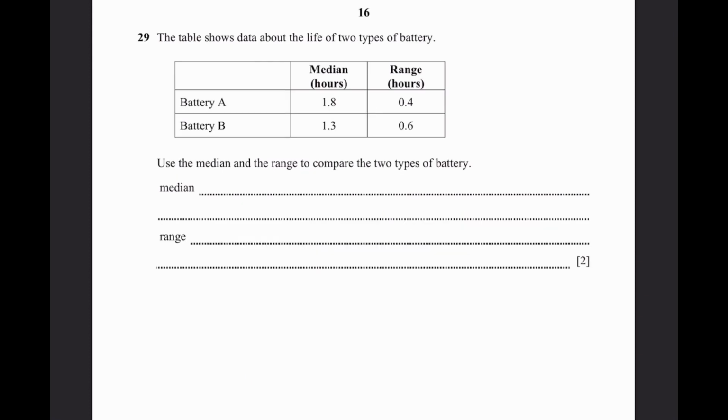Question 29. The table shows data about the life of 2 types of battery, battery A and battery B. The median and the range in hours are given. Use the median and range to compare the 2 types of battery. So, battery A has a median of 1.8 hours. Battery B has 1.3 hours as the median.